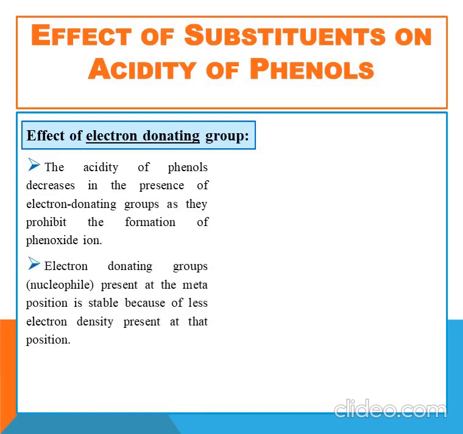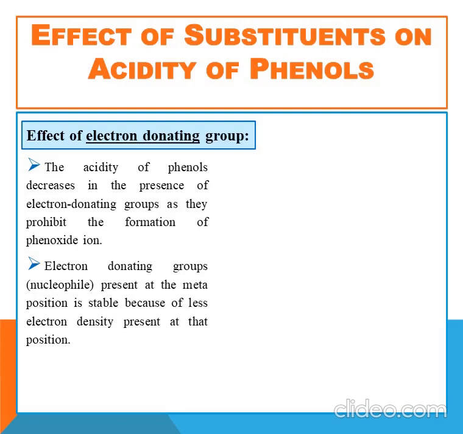An electron donating group at the meta position is stable because of less electron density at that position. We have seen in the resonating structures that the negative charge is not present at the meta position. It is only present at the ortho and para positions.